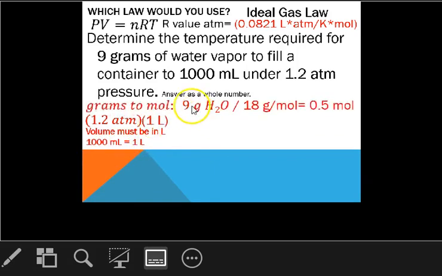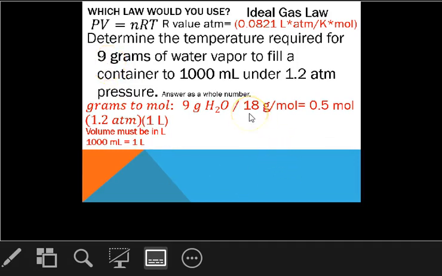The n value has to be in moles, but they gave me grams of water. Do I have a way, back from stoichiometry, to change from grams to moles? Yes, we use our mole map. To go from grams to moles, we have to divide by molar mass. So 9 grams of water is what they gave me.